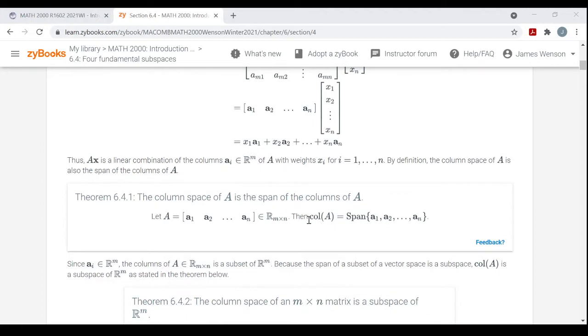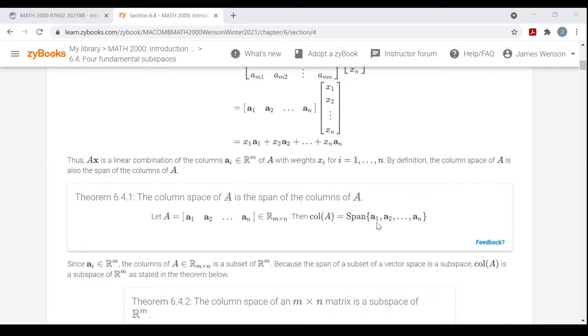So another way to say what the column space of a matrix is: if A is a matrix with these n columns, and all of these columns are from Rm, then the column space of A is simply the span of the column vectors of A, thus the name column space.